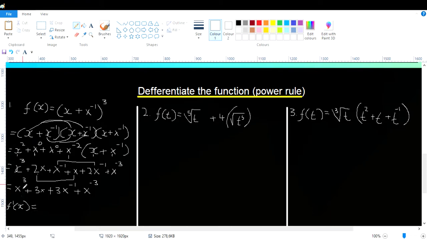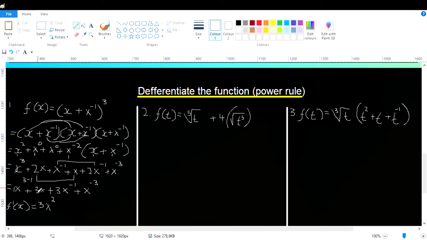Okay, here is the first term. Here we're going to multiply it. Here we have coefficient 1, so we're going to multiply coefficient 1 times this power 3. So it's 3 times 1, which is equal to 3. Then 3 minus 1, the answer is x to the power 2.